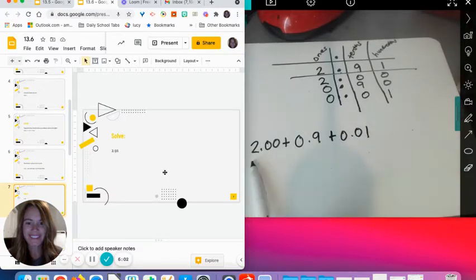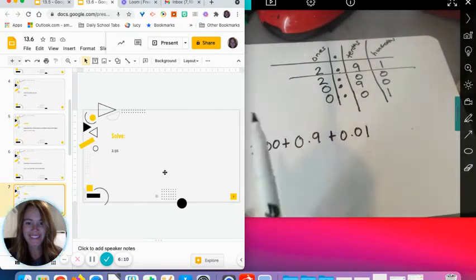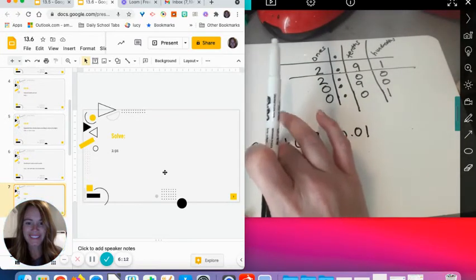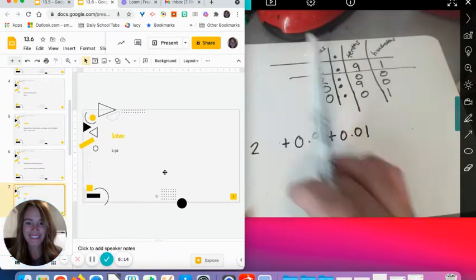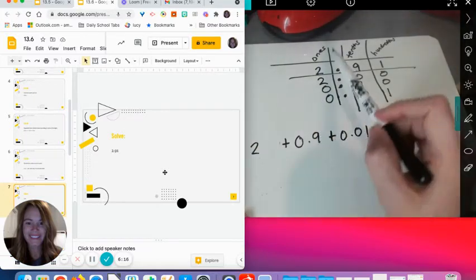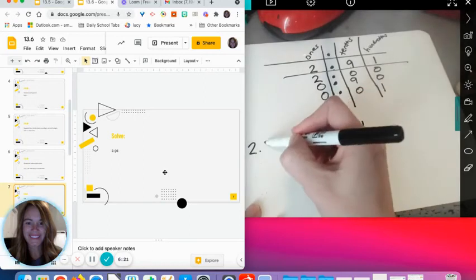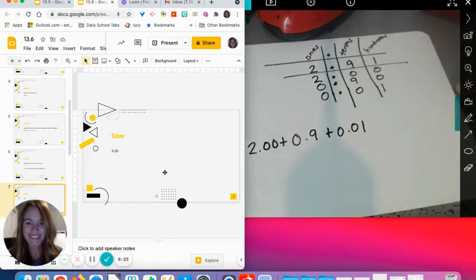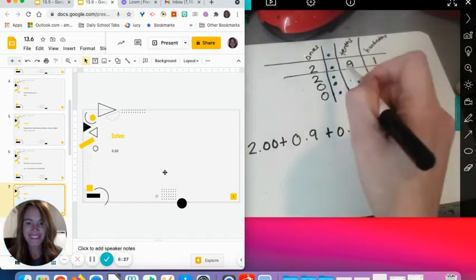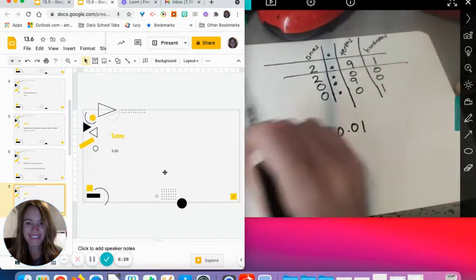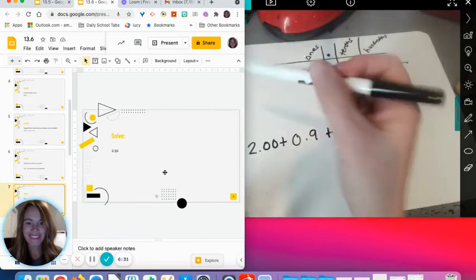We have 2 plus 9/10 plus 1/100. Okay, you don't really need these here. They're nice to have there so you can see, but you don't necessarily need them. So some people like to put them. Both ways are correct.